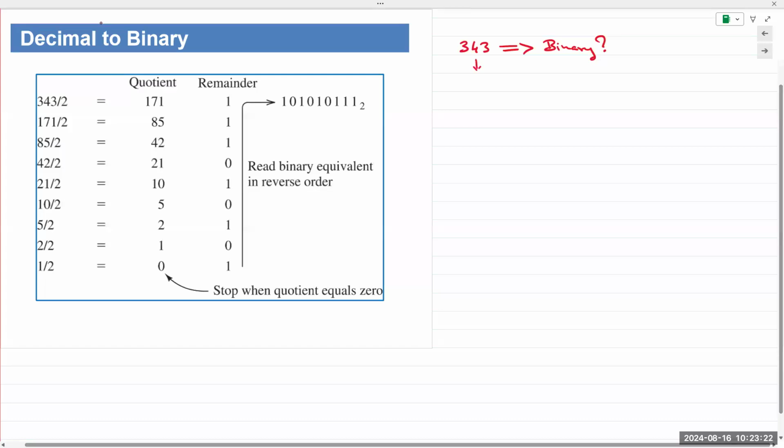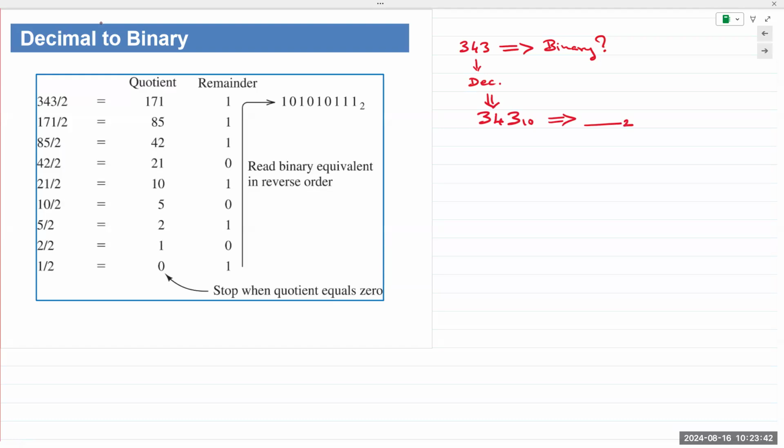If this is decimal, then when working with different number systems, we represent the base as a subscript to that number. Base 10, and what is this number, which has a base 2?